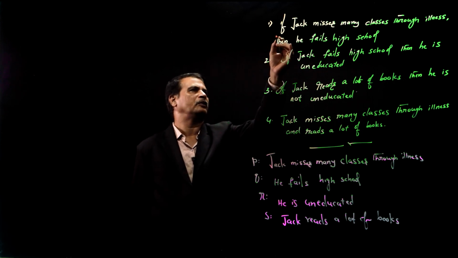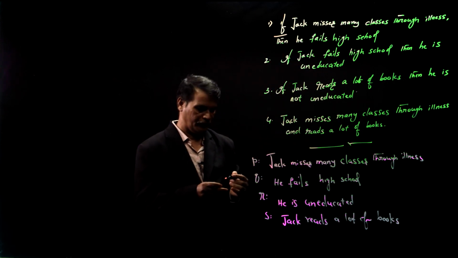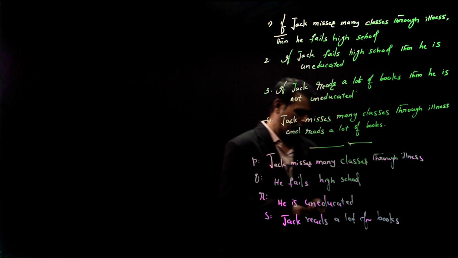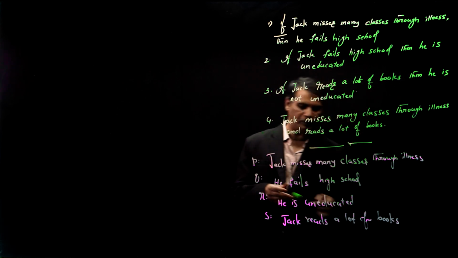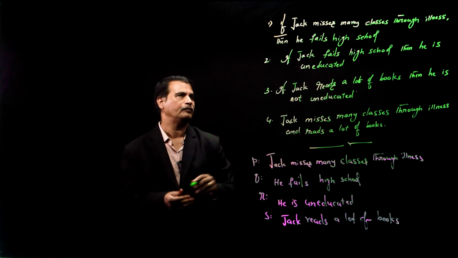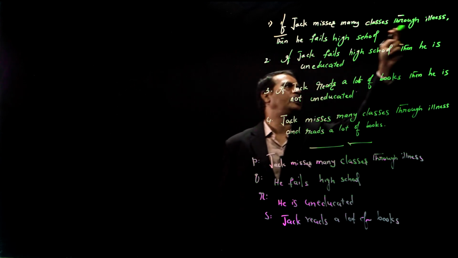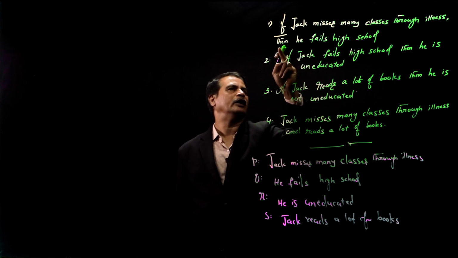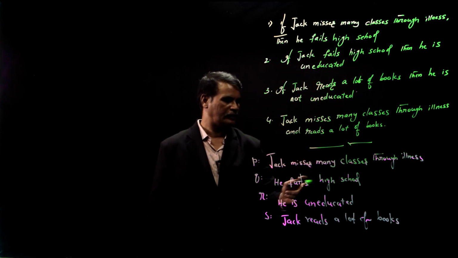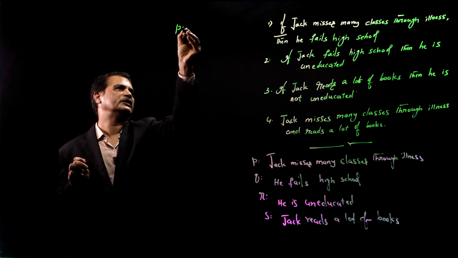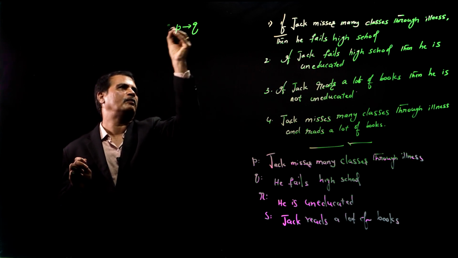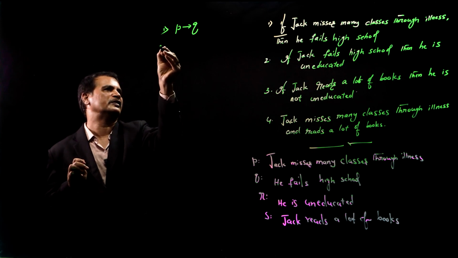The first statement starts with if and then. If then means you have to apply P implies Q. If P, then Q, he fails high school. So the first sentence is in the form P implies Q. This is the first premise.